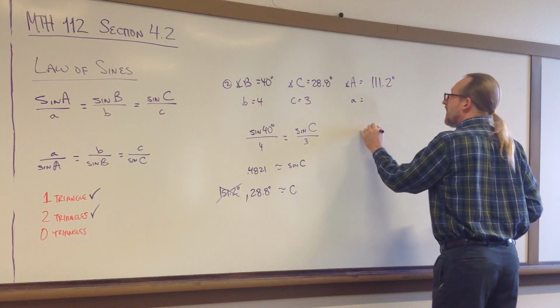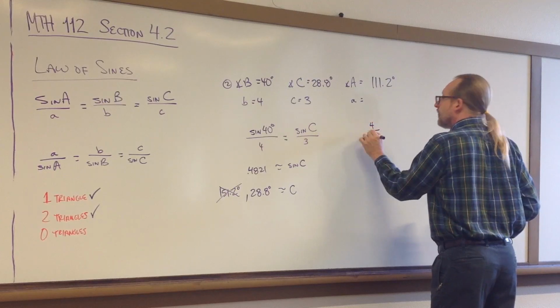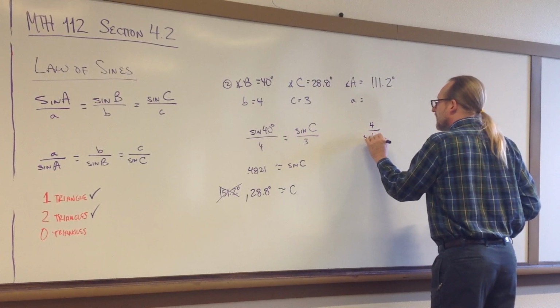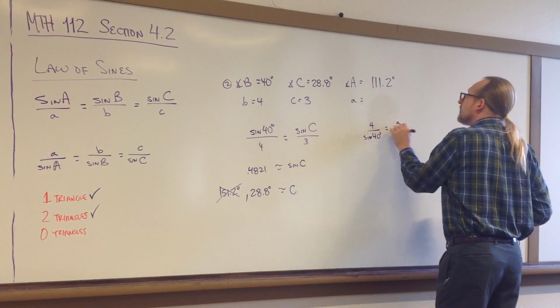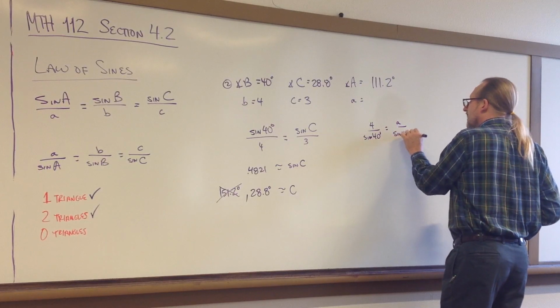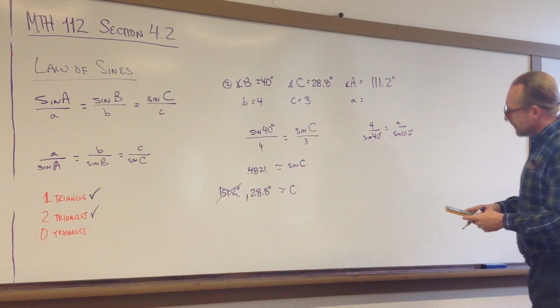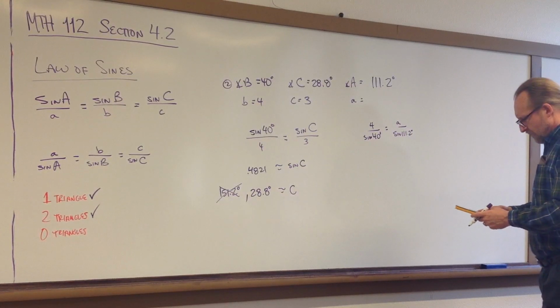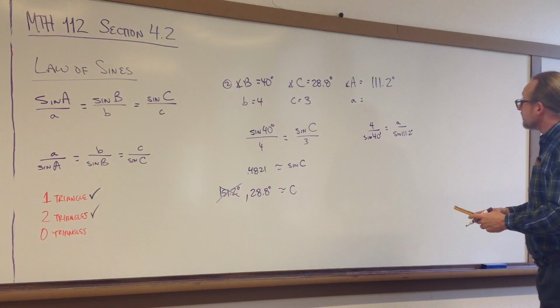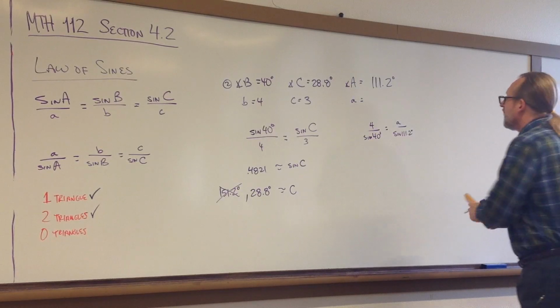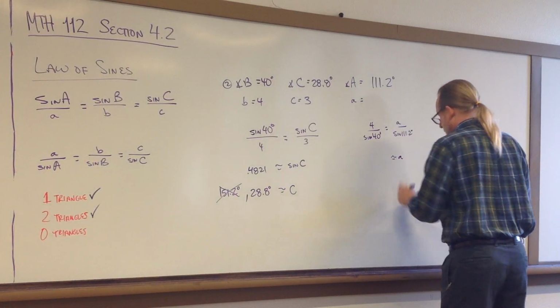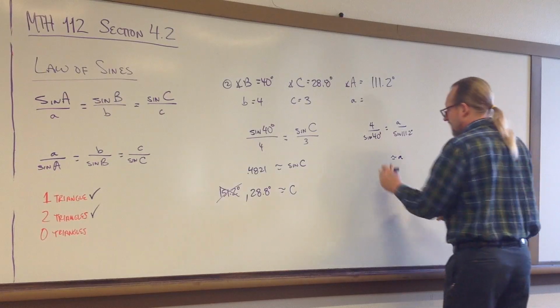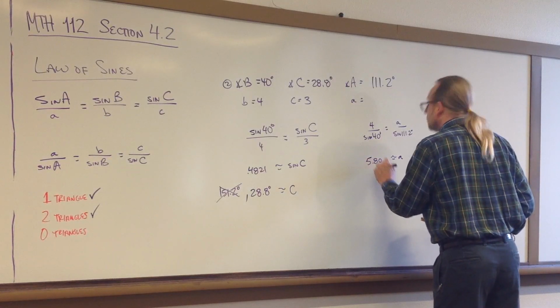And then we'll find side A. So 4 over the sine of 40 equals A over the sine of 111.2. So 4 divided by sine 40, and then we multiply by the sine of 111.2, and that says that side A is going to be about 5.80.